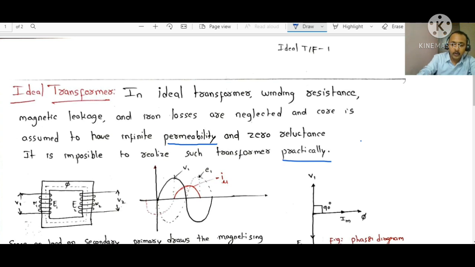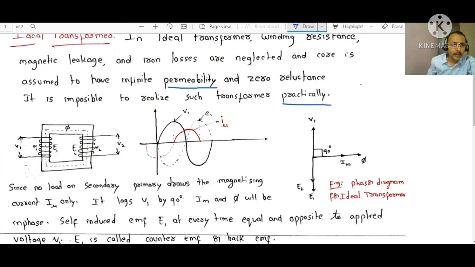If you look into the diagram, the primary side has applied voltage V1 and primary turns N1, and because of this applied voltage, some current I1 will be flowing in the winding. Because of this current, some flux phi will be established, and some EMF will be induced in the primary winding, denoted with letter E1.